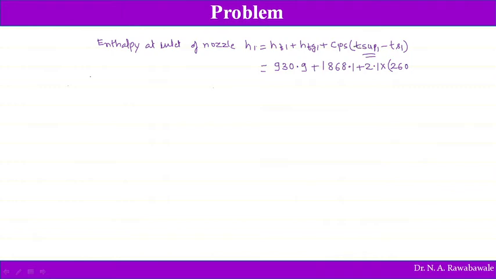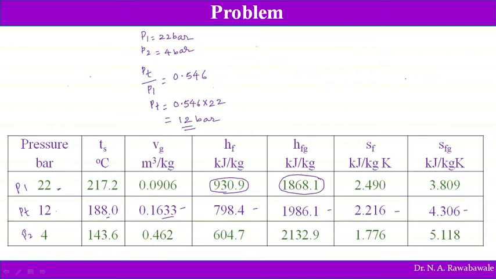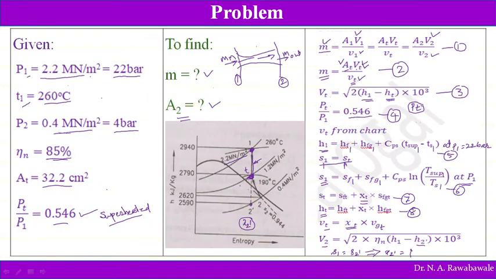This small t indicates temperature in degrees Celsius. T1 is equal to 260 degrees Celsius. Steam is superheated, that's why we call this T sub 1.